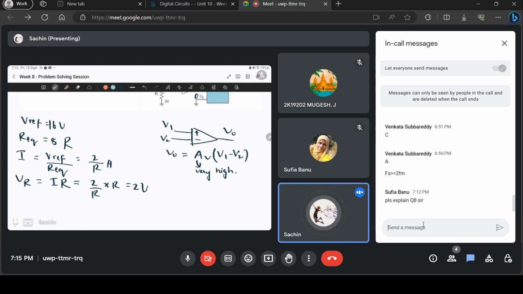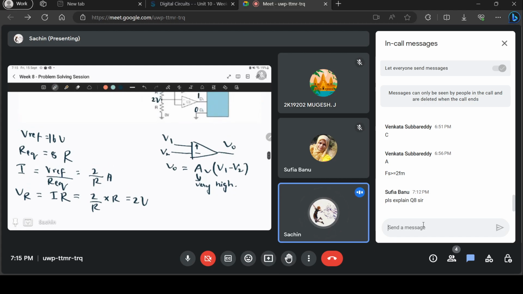If V1 is greater than V2, then V1 minus V2 is positive, and a small positive number multiplied by a very high number gives a very high positive output. Suppose V1 is less than V2, then V1 minus V2 is negative, and AV times that gives a very large negative number.